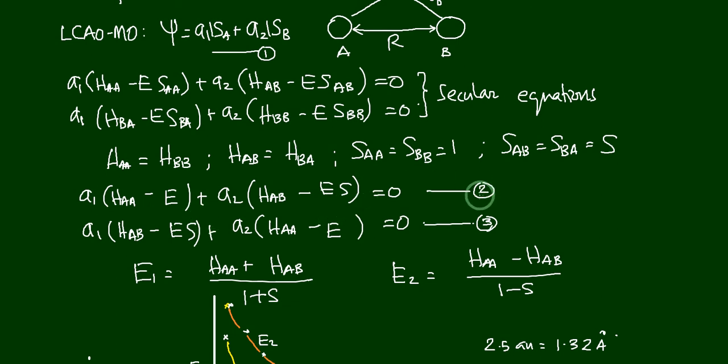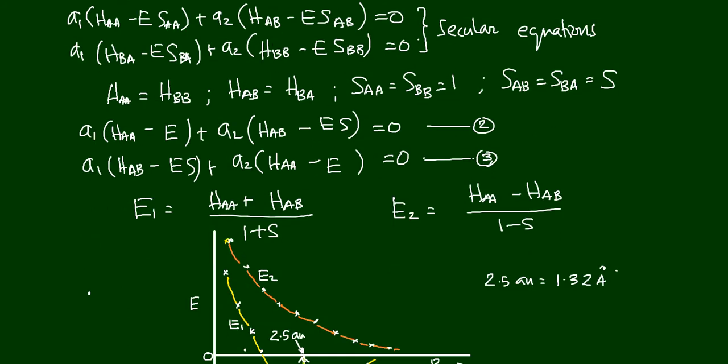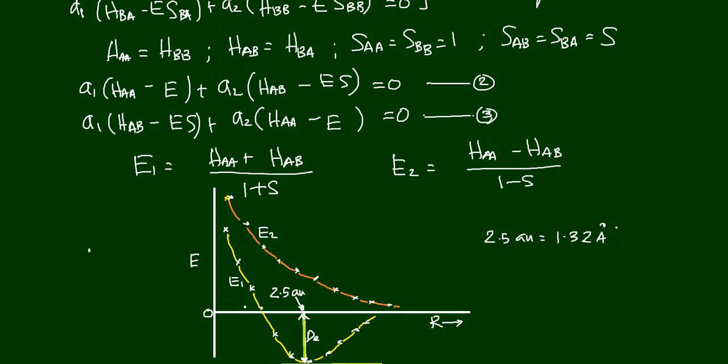Let me call this equation number 2, and the earlier one was equation number 1, because we are going to use these equations again. The other simplified secular equation is A1(HAB minus ES) plus A2(HAA minus E) equals 0. These were the secular equations we obtained.